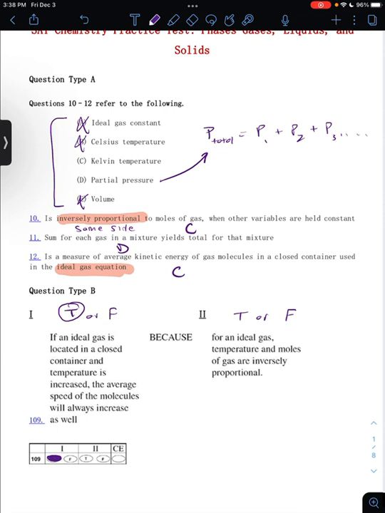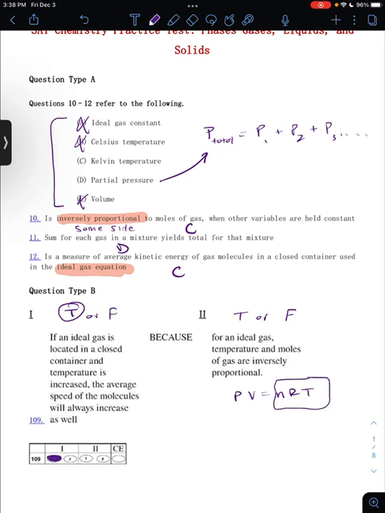Now, the second one, is it true or false? For an ideal gas, temperature and moles are inversely proportional. Okay, so let's look back at this original. Let's write out PV equals nRT. So inversely proportional.